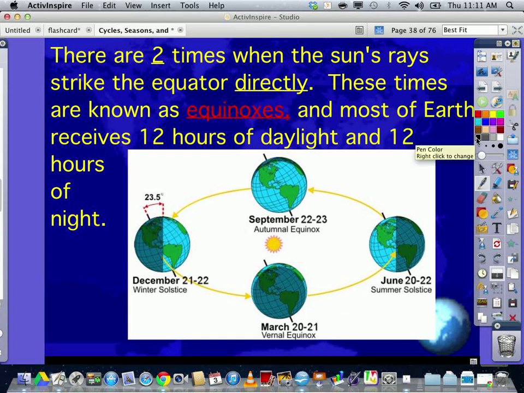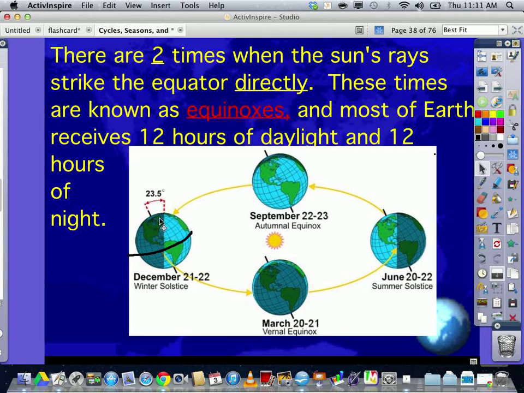So let's draw our equator now, and let's look at the northern hemisphere. Here, the Earth is tilted away from the sun, so we know that's winter. Here, the northern hemisphere is tilted toward the sun, which is summer, but let's look in between.